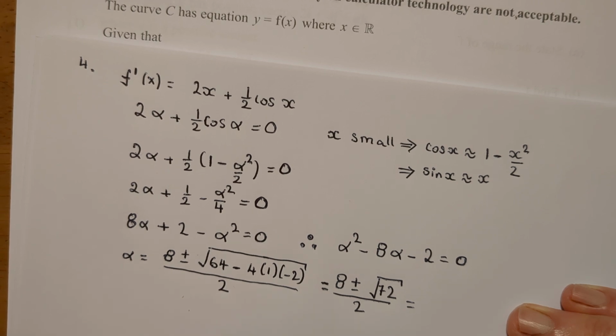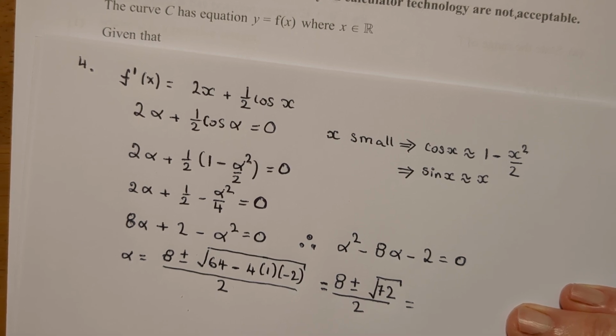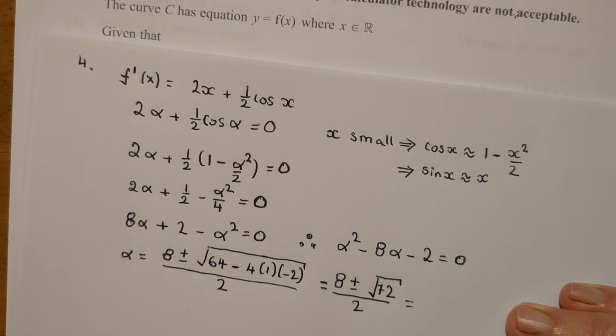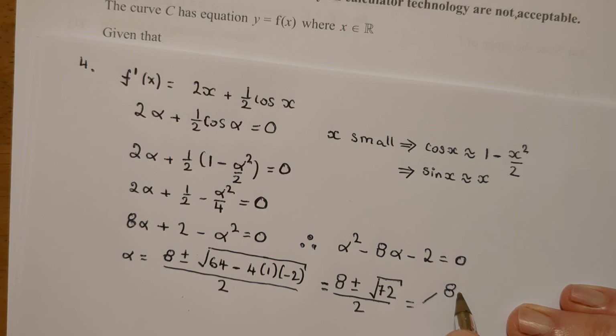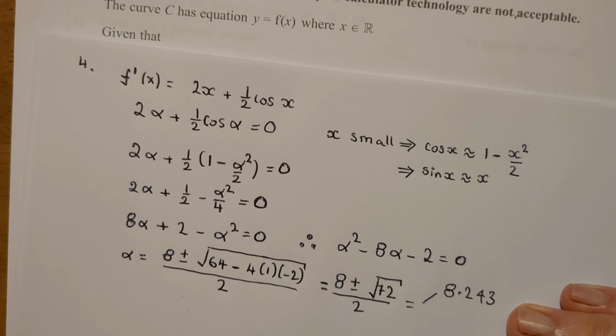And this time the answers can be decimals, because that's what they're asking for. So it's going to be 8 plus the square root of 72 divided by 2, which is 8.243, or 8 minus the square root of 72 divided by 2, which is minus 0.243.